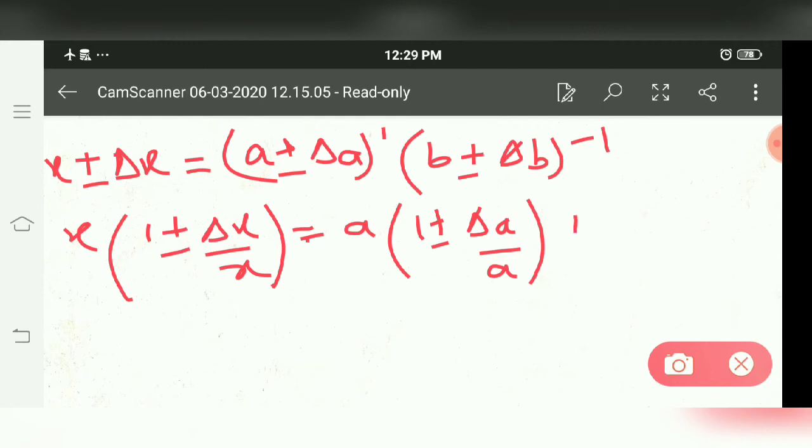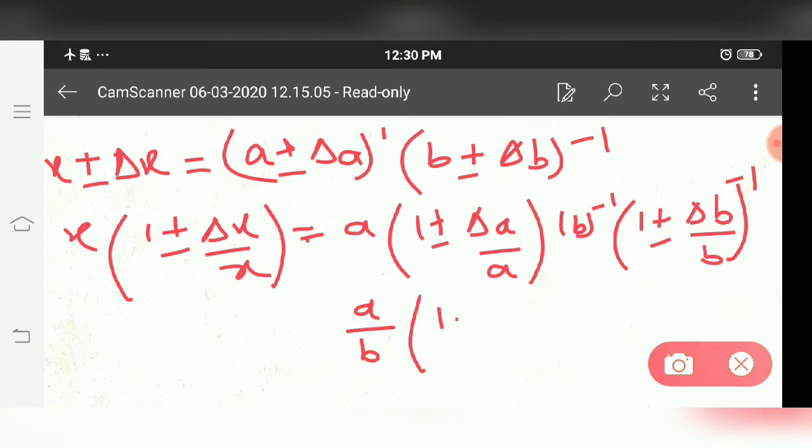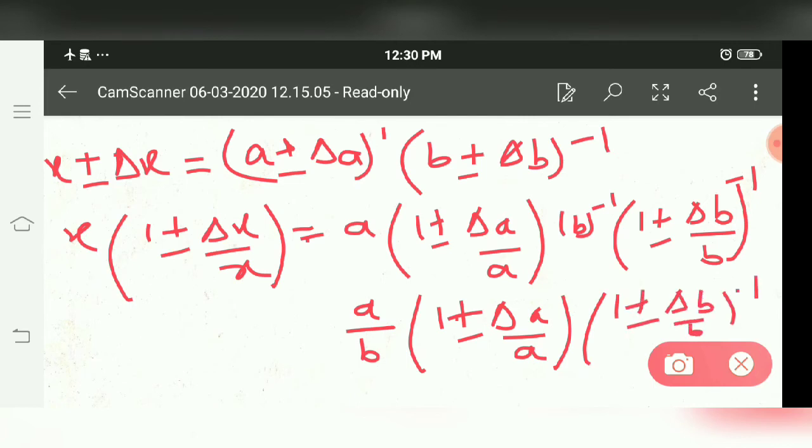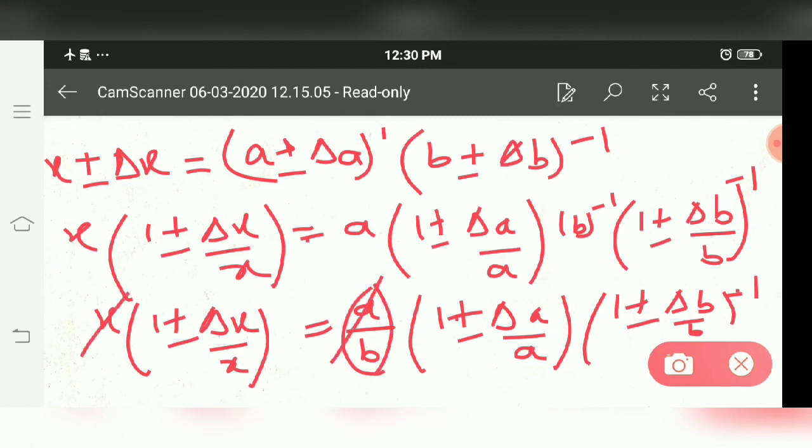Taking b common here, b raised to power minus 1 is common now, (1 plus minus delta b by b) whole raised to power minus 1. So this is a by b actually, (1 plus minus delta a upon a) into (1 plus minus delta b by b) with power minus 1. So this is x(1 plus minus delta x by x). Now again this is x actually, this gets cancelled with this complete term.